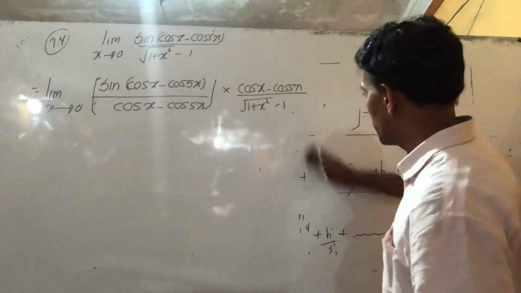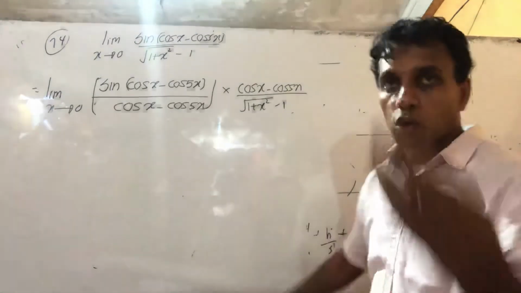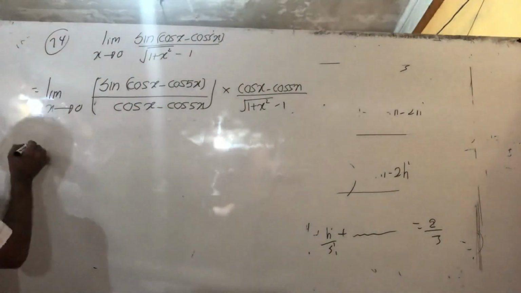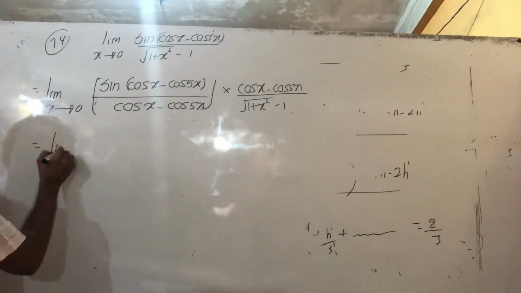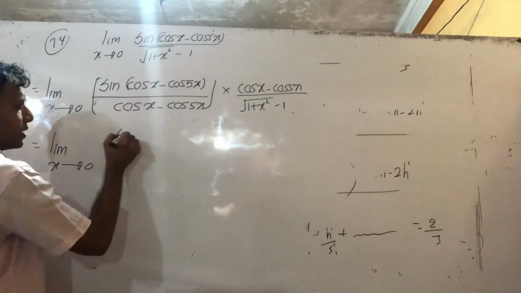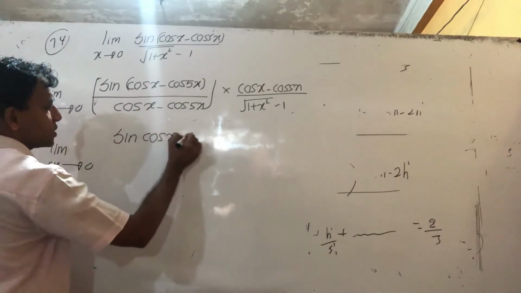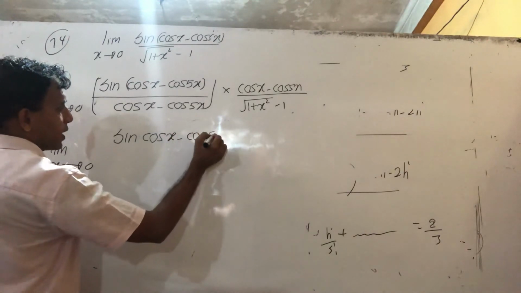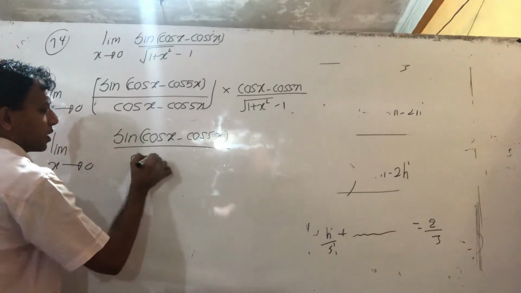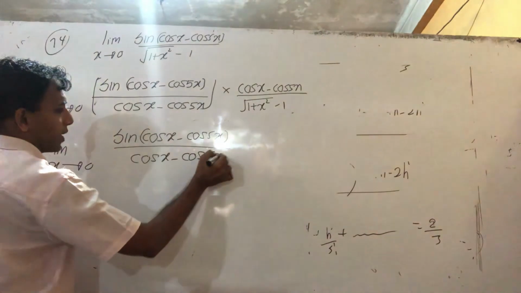Cos naught is 1. Okay, therefore we should rearrange this pattern for our ordinary method. You know, cos c minus cos d form. So limit x approaches 0 of sine of (cos x minus cos 5x) over (cos x minus cos 5x), right?